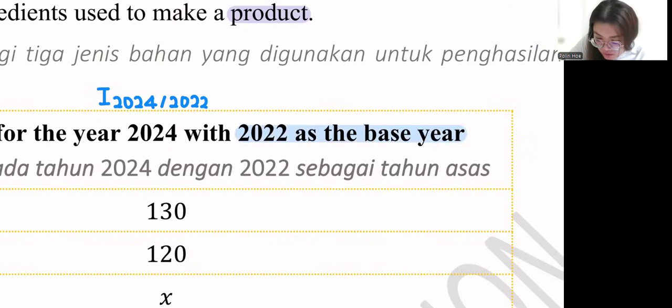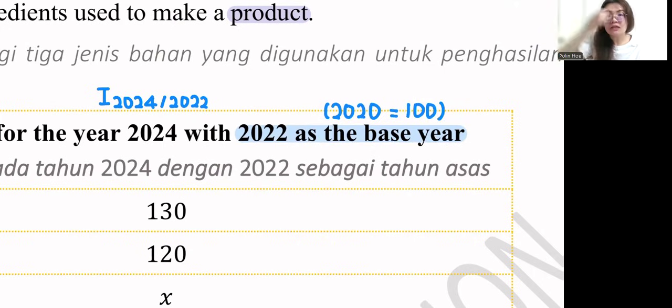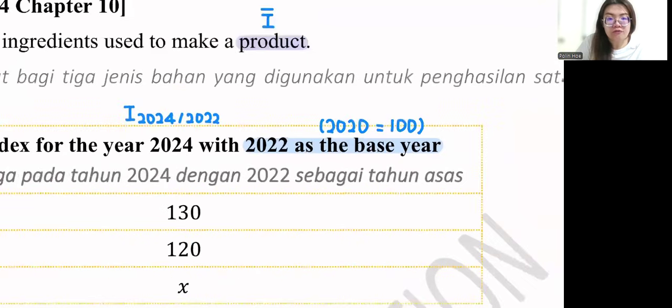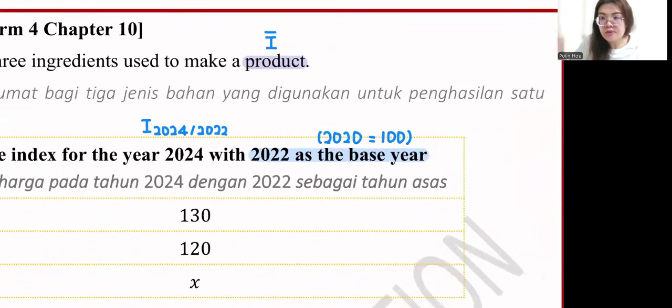Then you write 2022 的时候 it is 100. 在2022年的时候是100. So in 2024, it becomes 130. It means it increased 30%. Ingredient Q become 120. It increased 20%.